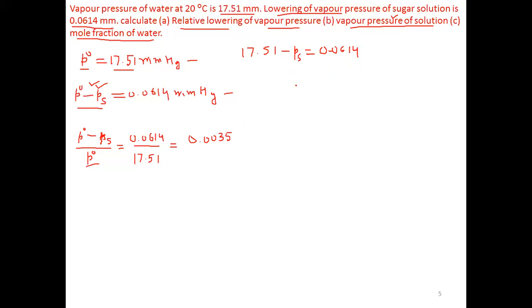So if we take P S to the right hand side, P S is equal to 17.510 minus 0.0614. You can subtract and get the answer, which is something like 17.4486.